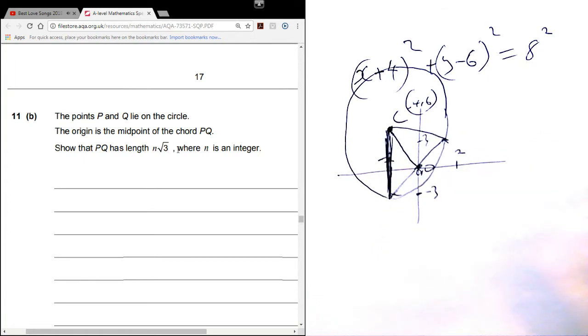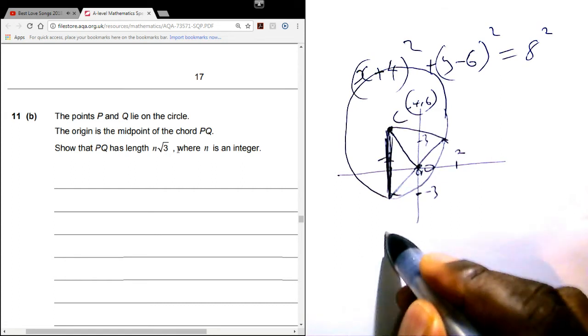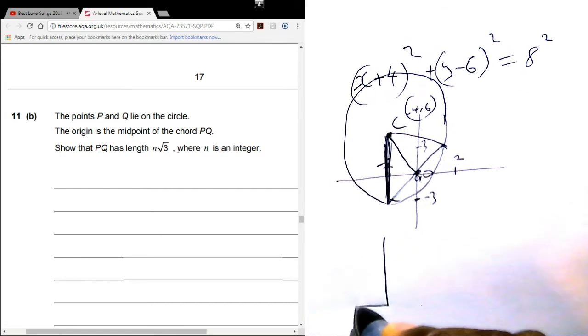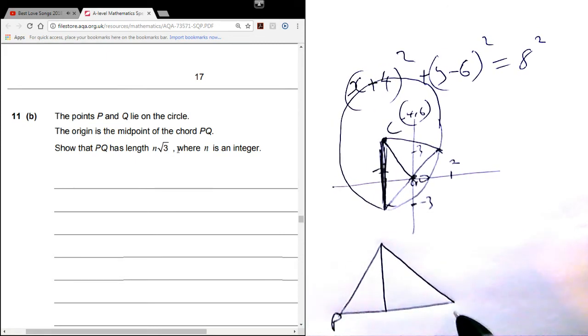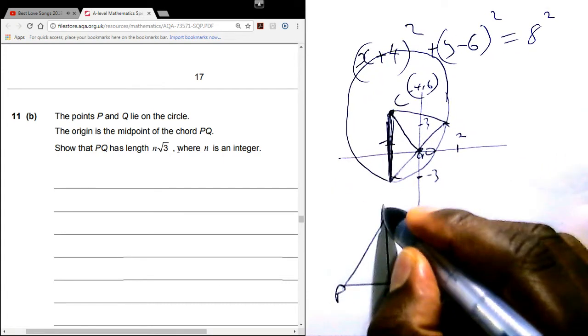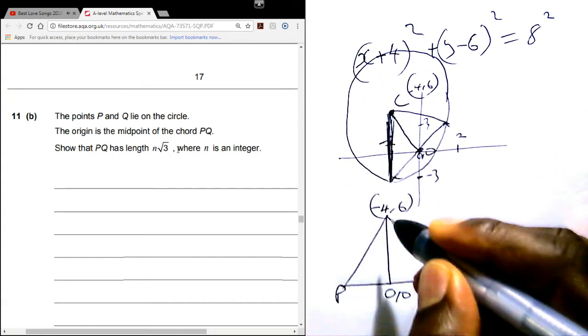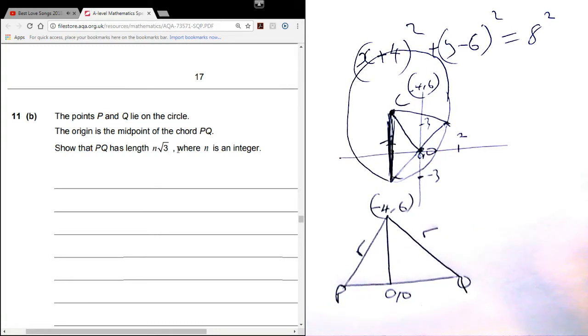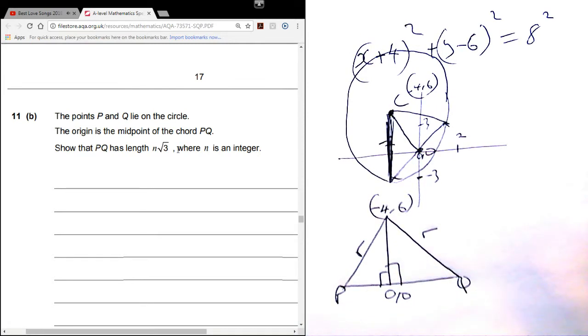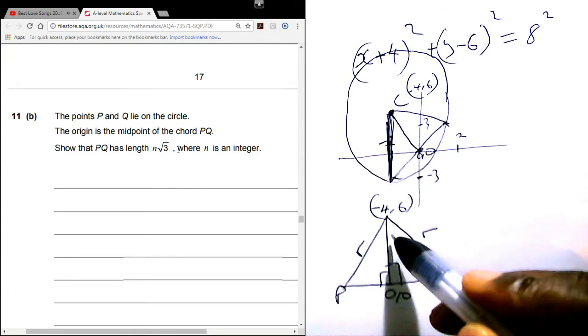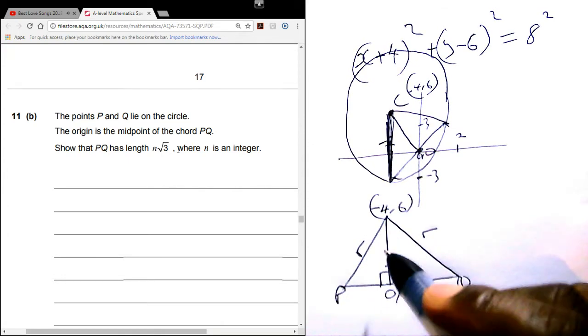This one I've just shaded, is that the radius of the circle? Yes, it is. So this is P, this is Q, this is 0, 0, and that is -4, 6, and this is the radius of the circle, and that's 90 degrees. You're told to find the distance PQ. Use Pythagoras theorem, since we know the hypotenuse and the vertical height.